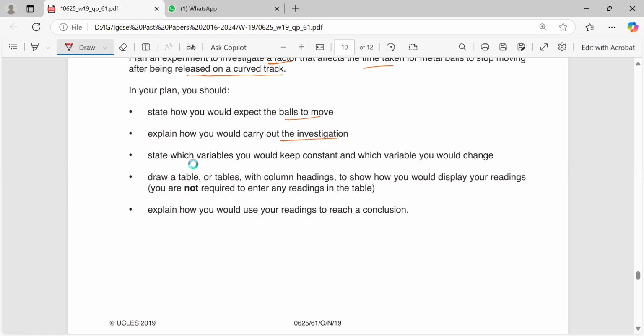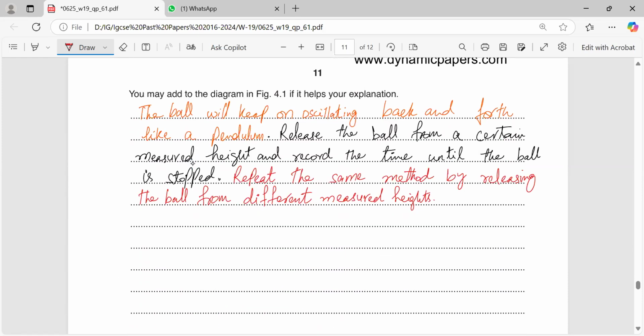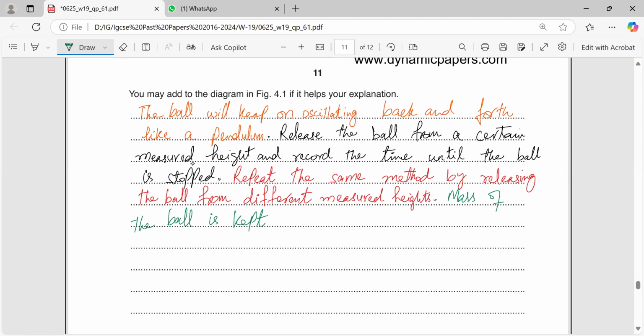So the next point is: the mass of the ball is kept constant and the height of the ball is changed during the experiment.